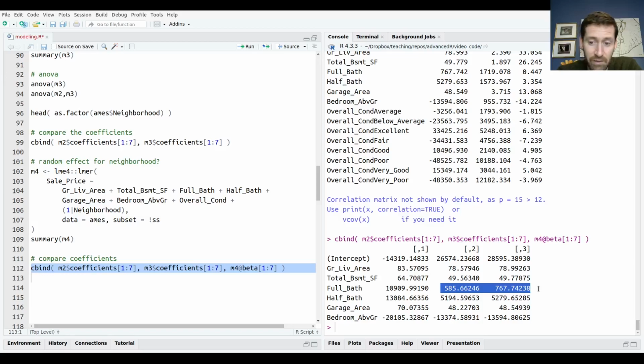I don't have a good explanation for why it goes up. These are still pretty close, these are pretty close, these are also pretty close. So you will get some slight variation here, but generally these are about the same. And in my experience, that's what I find as well. If you change a fixed effect to a random effect or vice versa, you don't change the model that much.